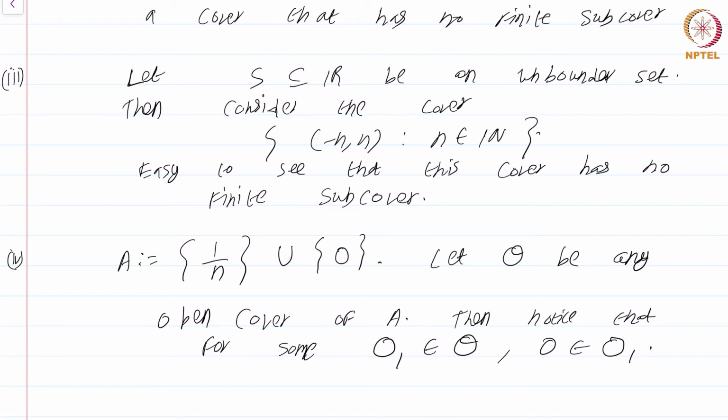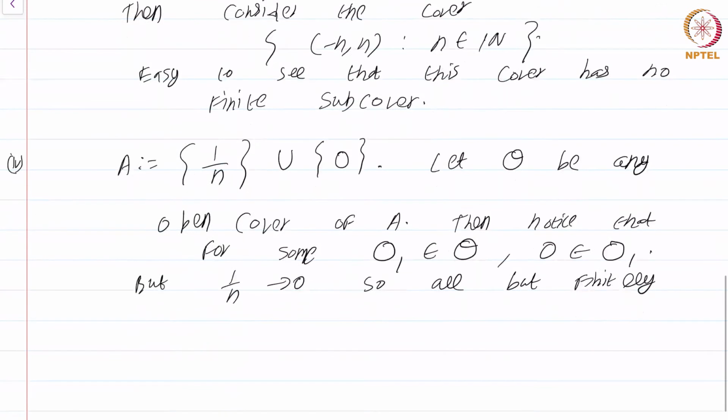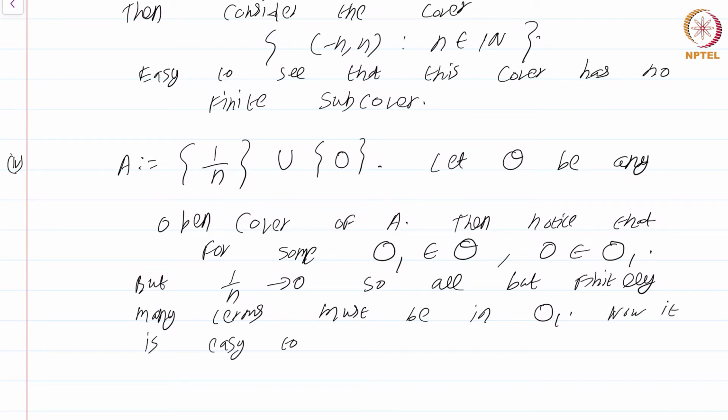But 1/n converges to 0, so all but finitely many terms must be in O_1. Now it is easy to extract a finite subcover.